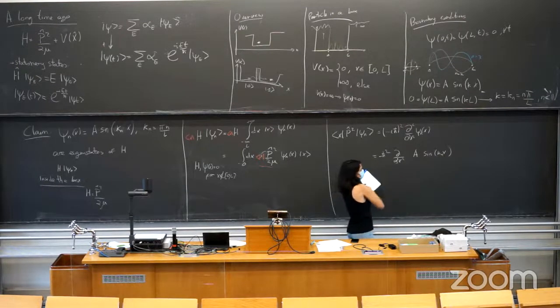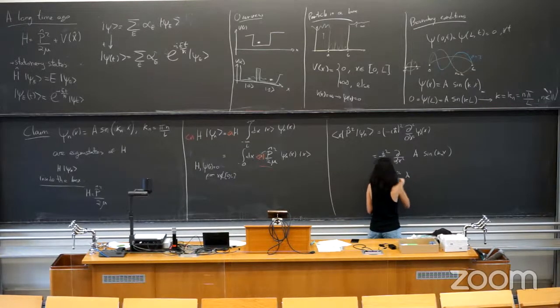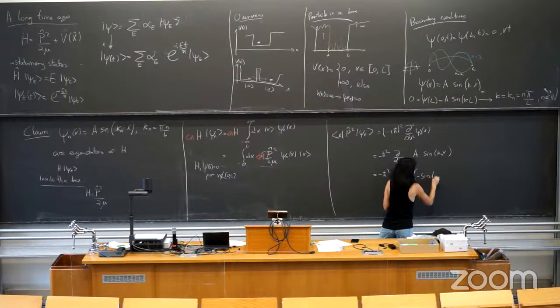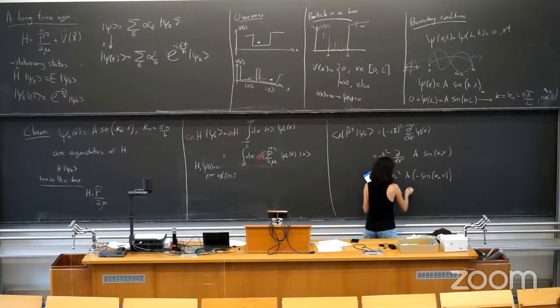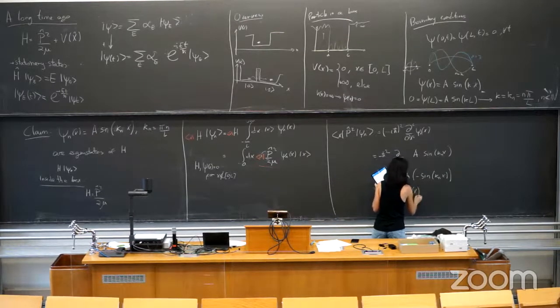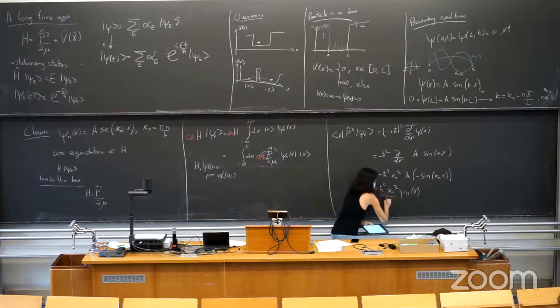So you get h bar squared, k n squared, sine of k n x.